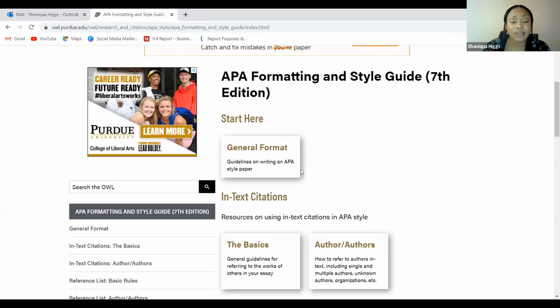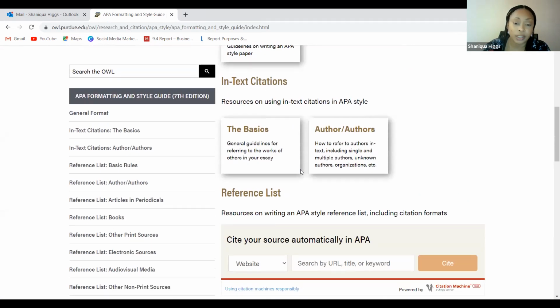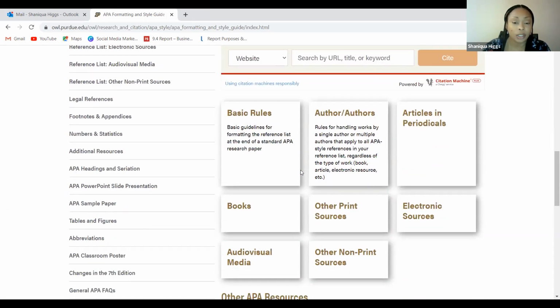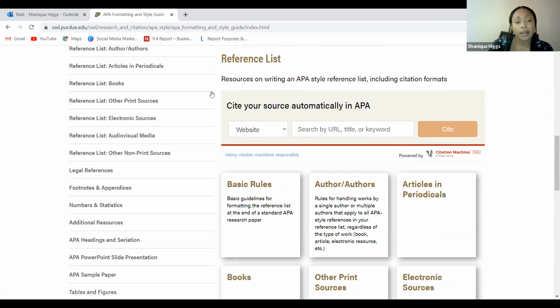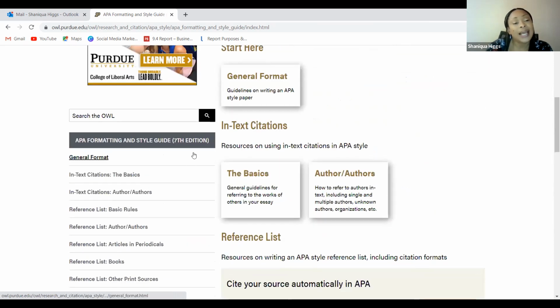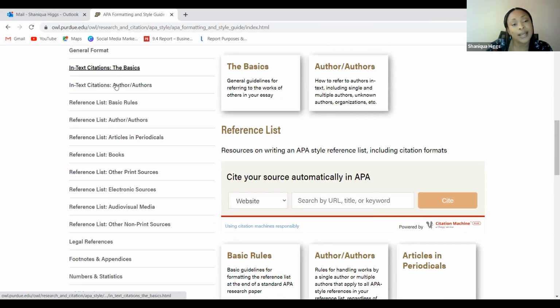Okay, so we're still at the 7th edition. It hasn't been updated, which is good. MLA is up to 9th edition now. APA is always a little bit slower to be updated than MLA. But you open this resource. In the left margin, you have rules for articles and periodicals.